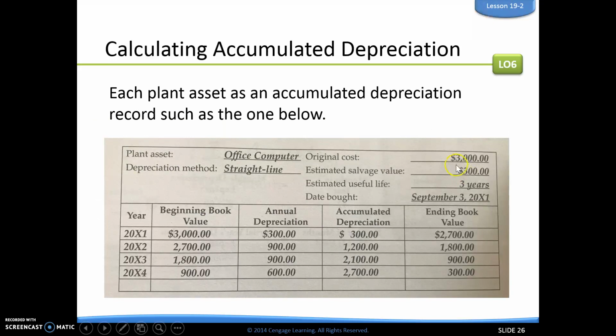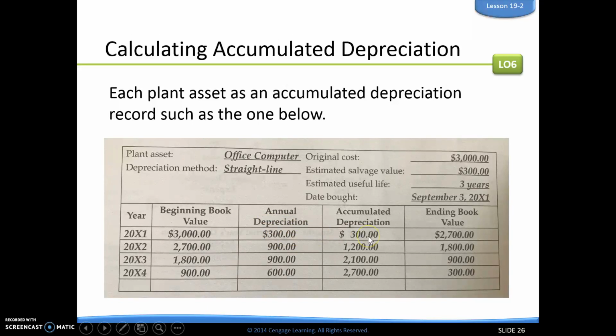So, and this maybe better describes that here. Each plant asset is going to have an accumulated depreciation record similar to the one below. It talks about what depreciation method is used. It shows the original cost, the salvage value, the useful life, and the date that it was purchased. And so then here we have the annual depreciation in the first year, remember, was just September to December.